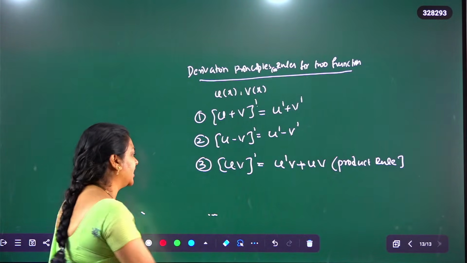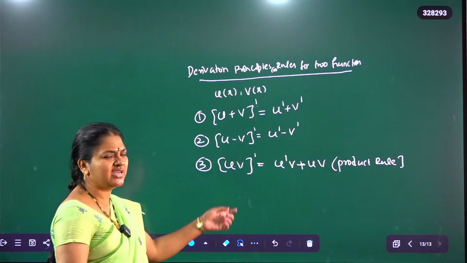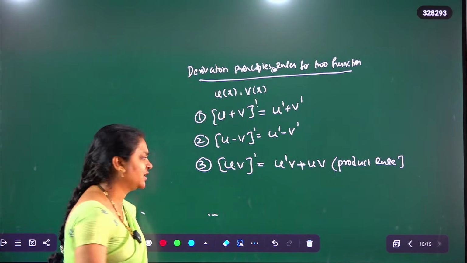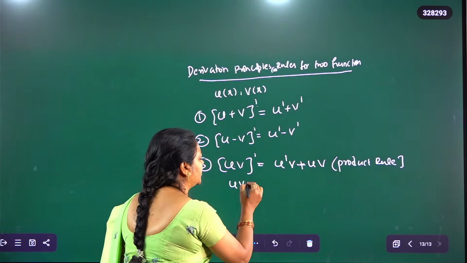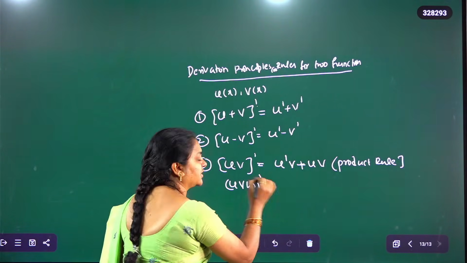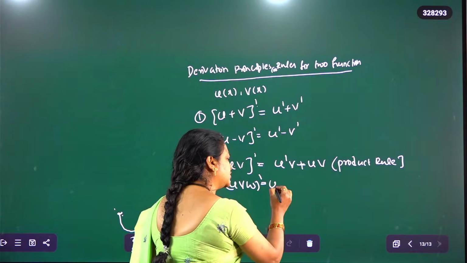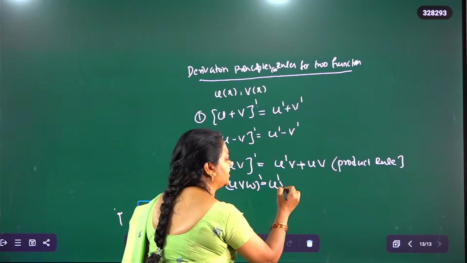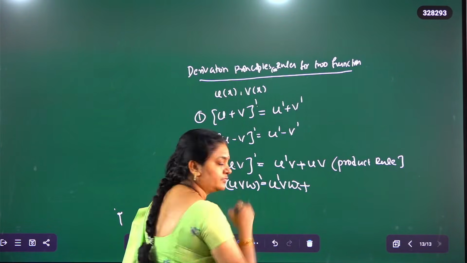Not only uv, but also uvw, x, y, z. Let me write one more: uvw. While doing the product rule, you need to remember that if you take one derivative, the remaining are constants.